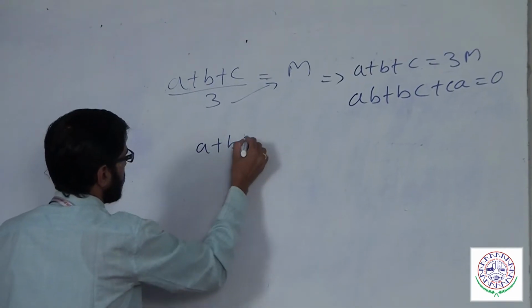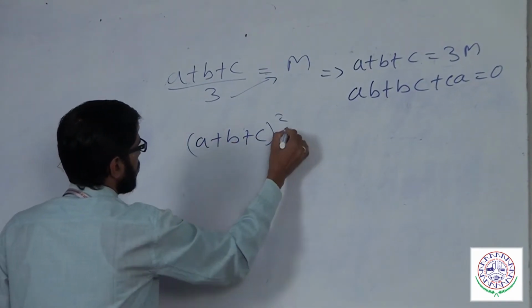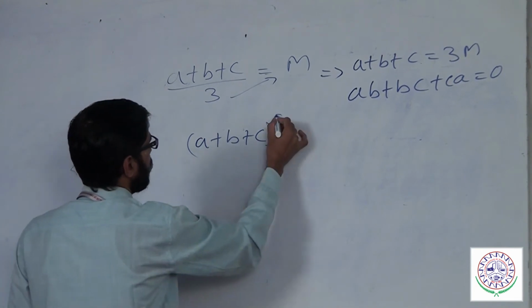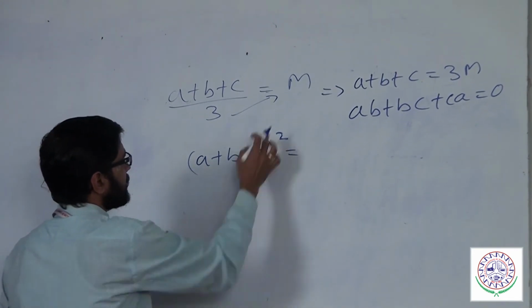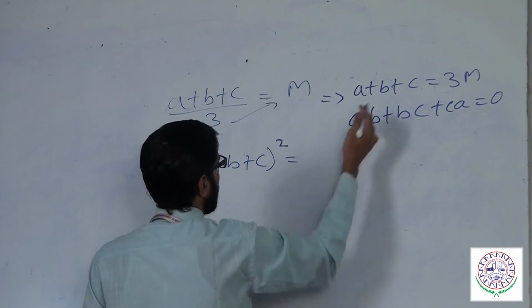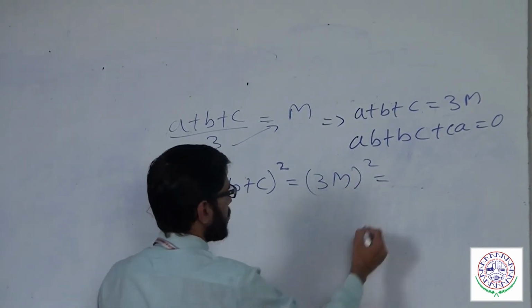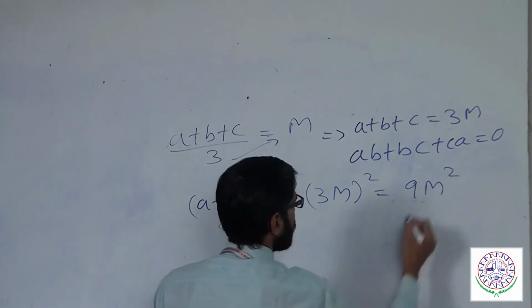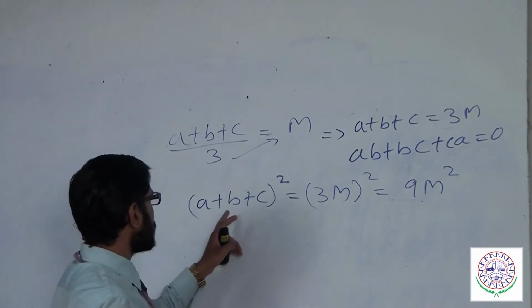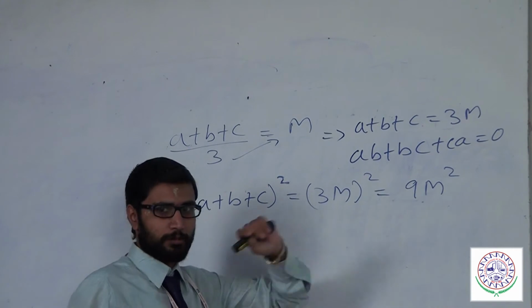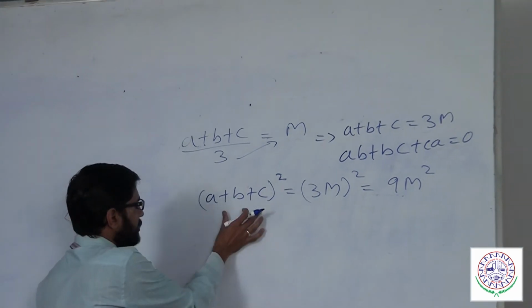A plus B plus C the whole square, if I substitute this value, what will it become? I know that A plus B plus C is equal to 3M. So this will be 3M the whole square, which is nothing but 9M square. So I can write that A plus B plus C the whole square is equal to 9M square. And I know this is the basic formula.